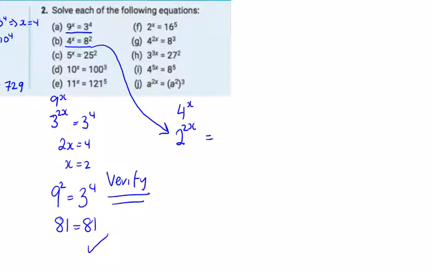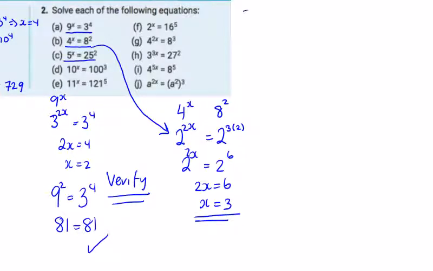And 8 squared is 2 to the power of 3 to the power of 2, which is a multiply rule. So we're going to get 2 to the power of 2x equals 2 to the power of 6. So 2x is 6. You can see x is 3 anyway, but write down the last couple of lines.